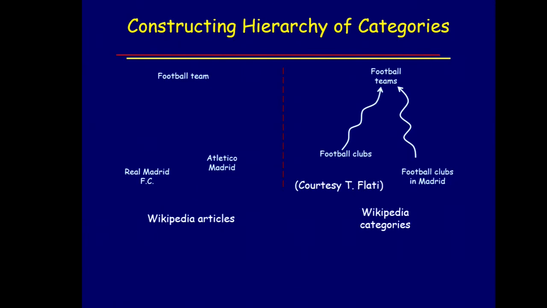The category at the top is just a parent category of those categories lower down on the right. Then you also have the green edges, which is again information available in Wikipedia, which only represents the fact that in Wikipedia some articles like Real Madrid FC are listed under some categories like football clubs in Madrid. This is given again in Wikipedia.